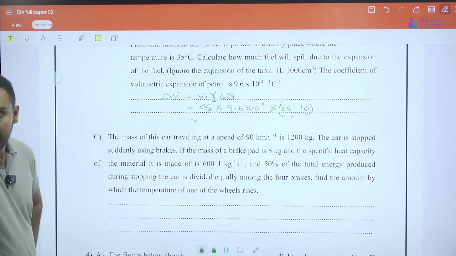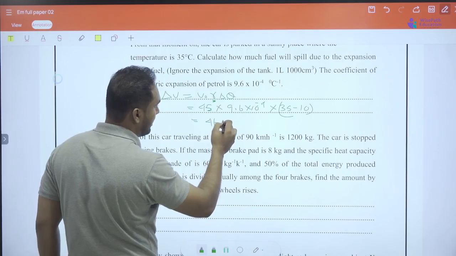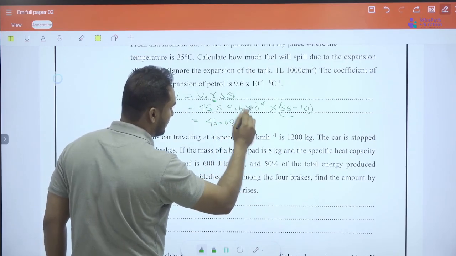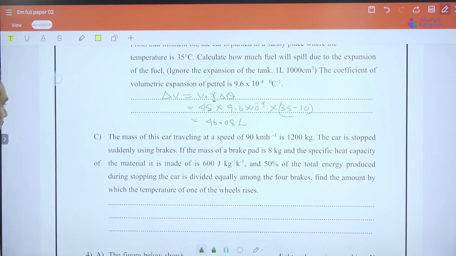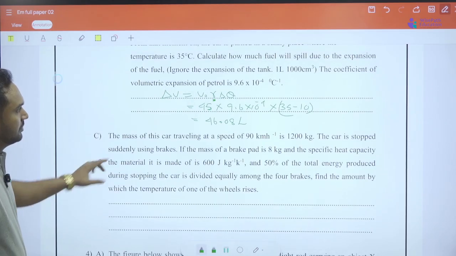How much? 46.08 liters. Right. Okay. Oh, delta V.